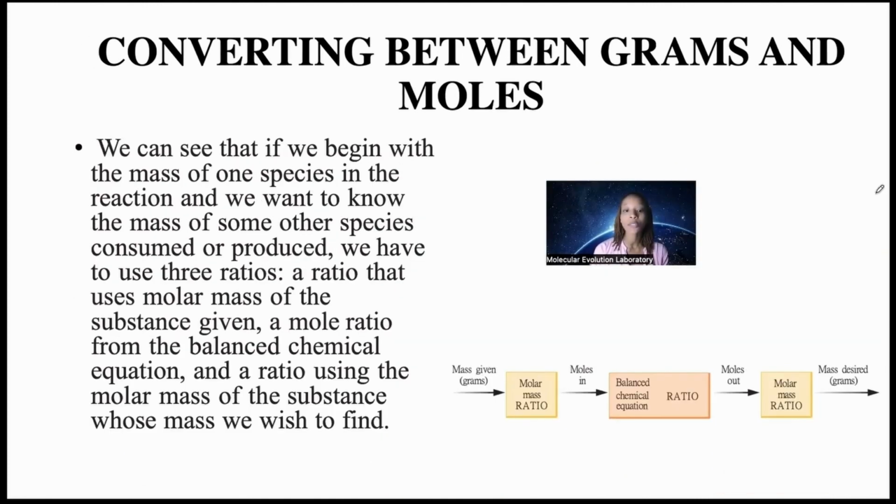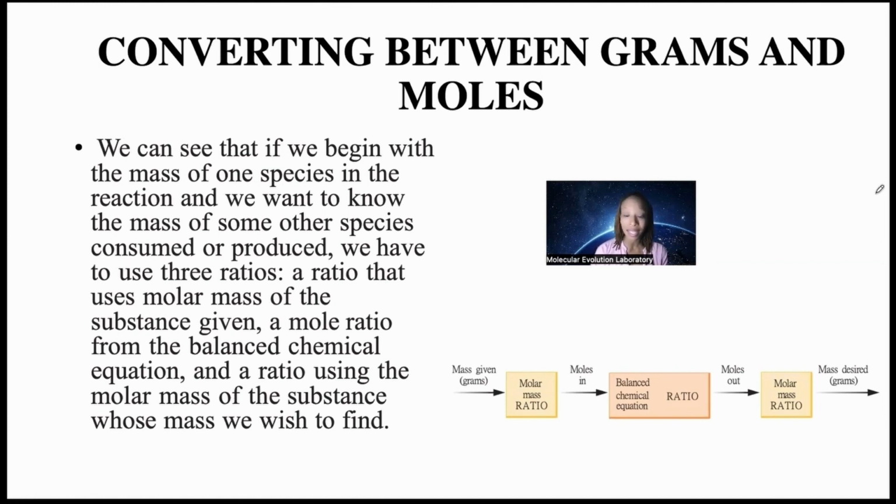We can see that if we begin with the mass of one species in the reaction and we want to know the mass of some other species consumed or produced, we have to use 3 ratios. So if you want the mass of one species, you have to convert using 3 ratios. First, you find the molar mass of the given substance and the molar ratio from a balanced equation.